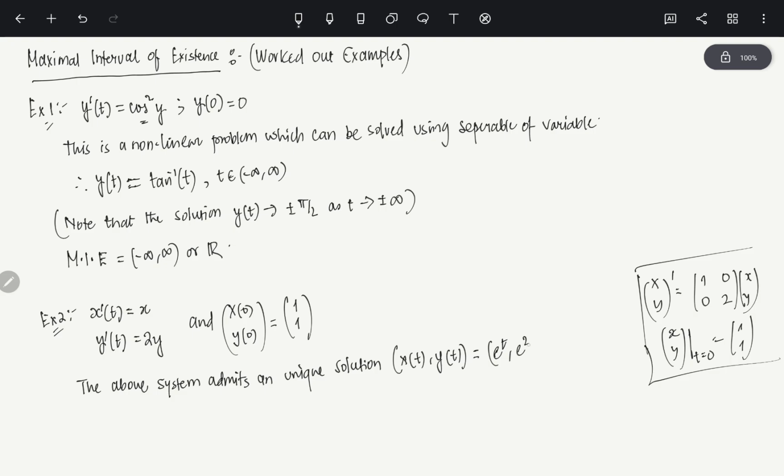And you can say that this is the solution, e to the power t, e to the power 2t, and this solution is of course valid for t between minus infinity and infinity. Clear?